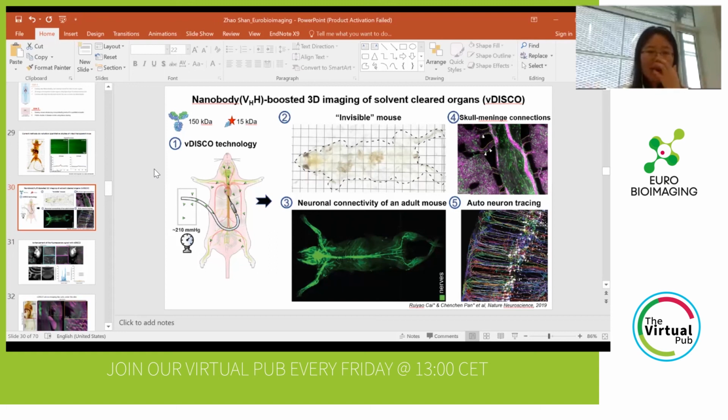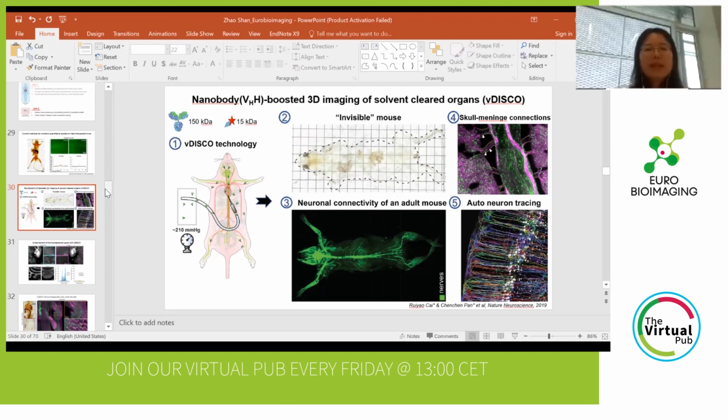And for the clearing part, also no problem, because our pump has 4 channels, so with one pump you can perfuse 4 mice at the same time. We have a bench with more than 10 pumps, so we can handle 20 mice at one time, no problem. Basically, you just set up the pump, and in between, you just change the solutions for different chemicals. So there is not so much lab work.